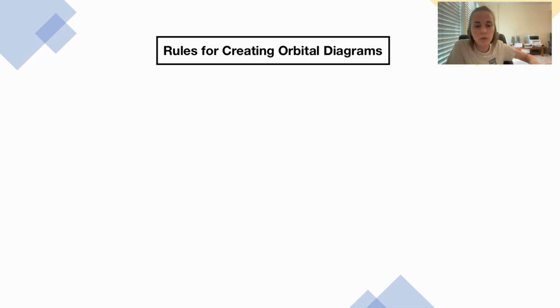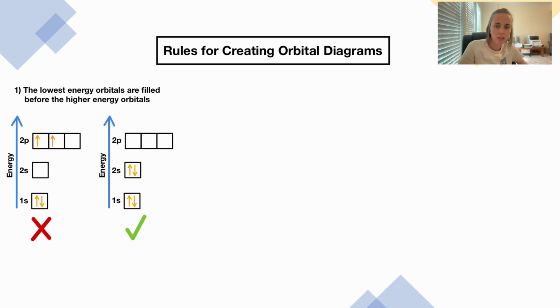All right. So our rules for creating orbital diagrams, we're going to talk about 3 different rules. When we go to write out our orbital diagrams, when we go to show where the electrons are, it's not just saying how many electrons they have, we're saying where the electrons are. We know some of the electrons are at our 1s level. So they're at 1 energy and they're moving in a sphere.